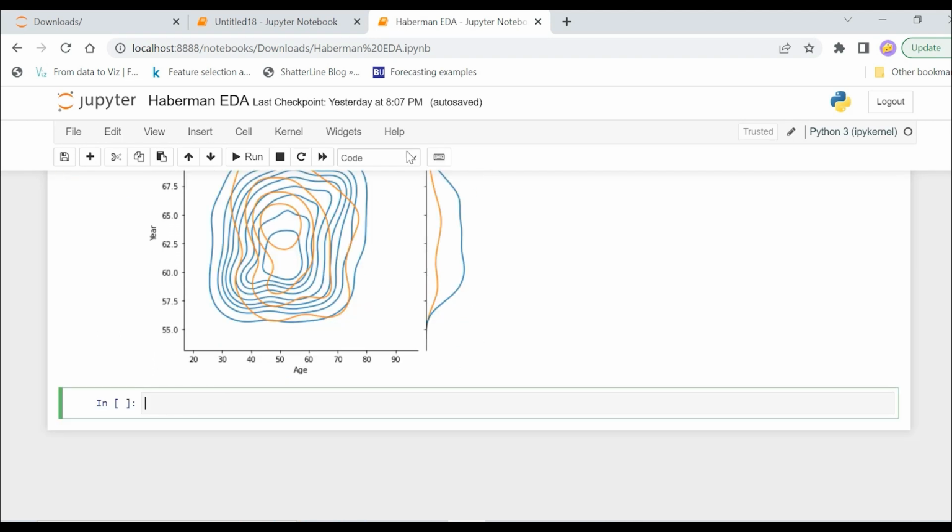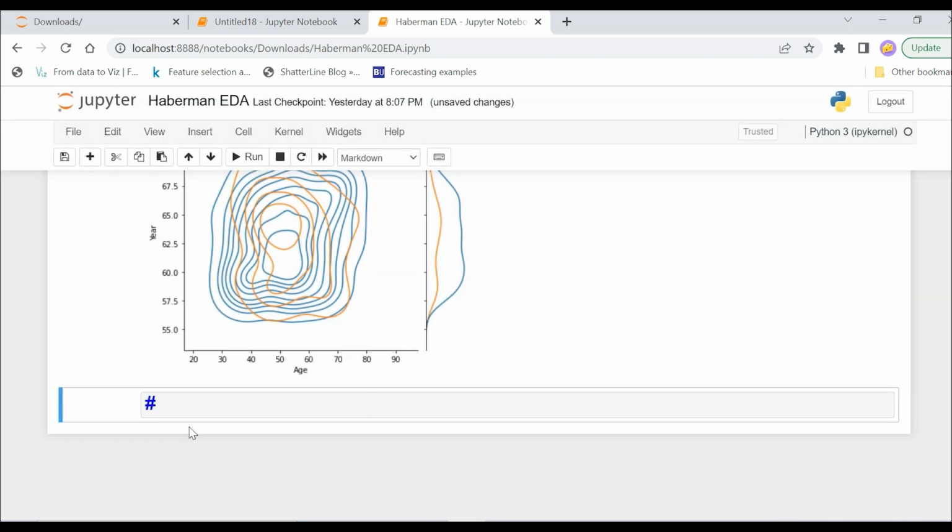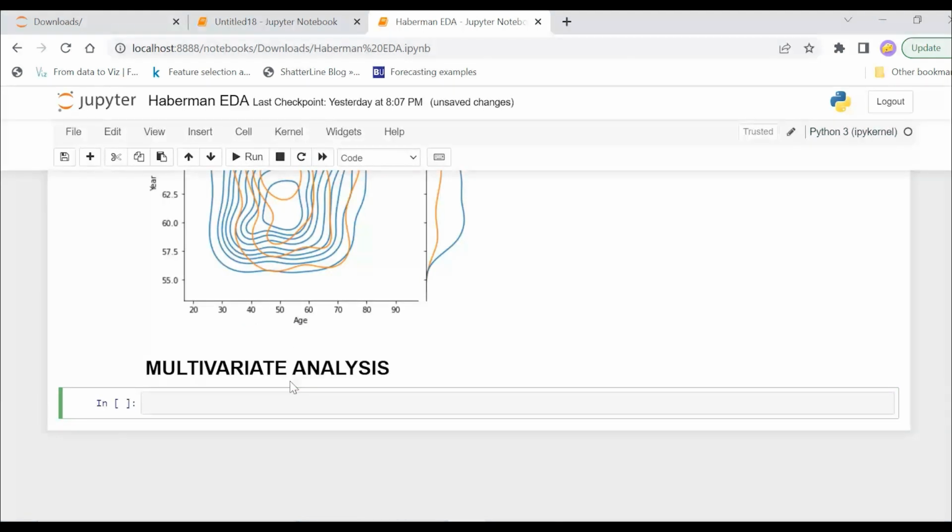Now let us go and see some multivariate analysis. Basically, multivariate analysis is generally, what I have actually used, just for the correlation.